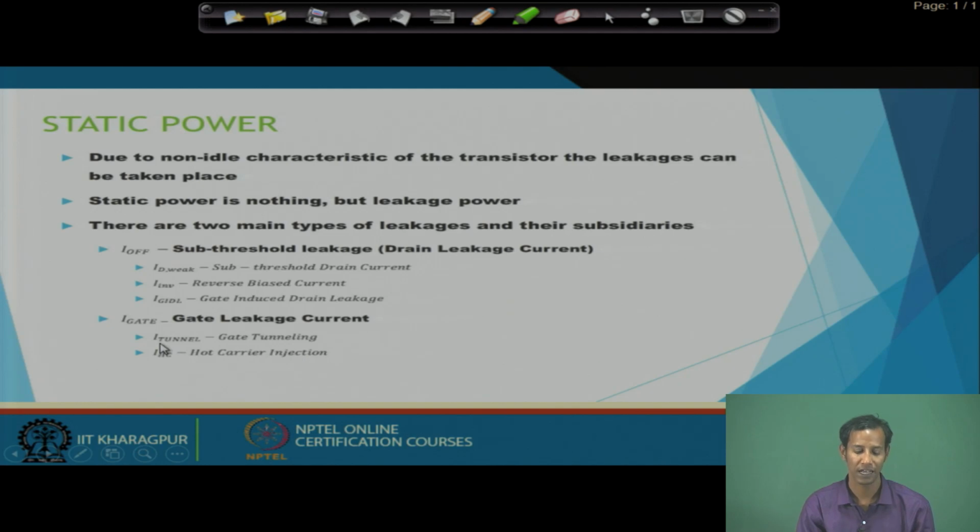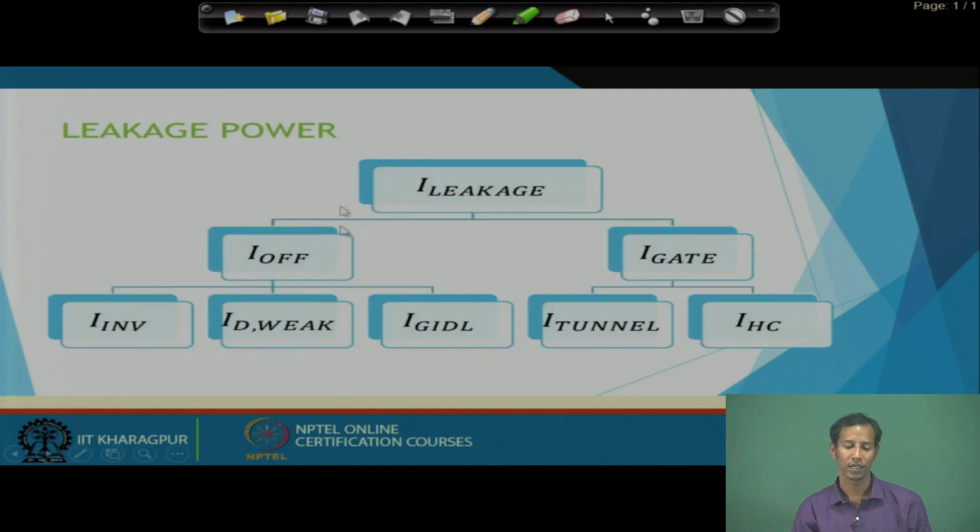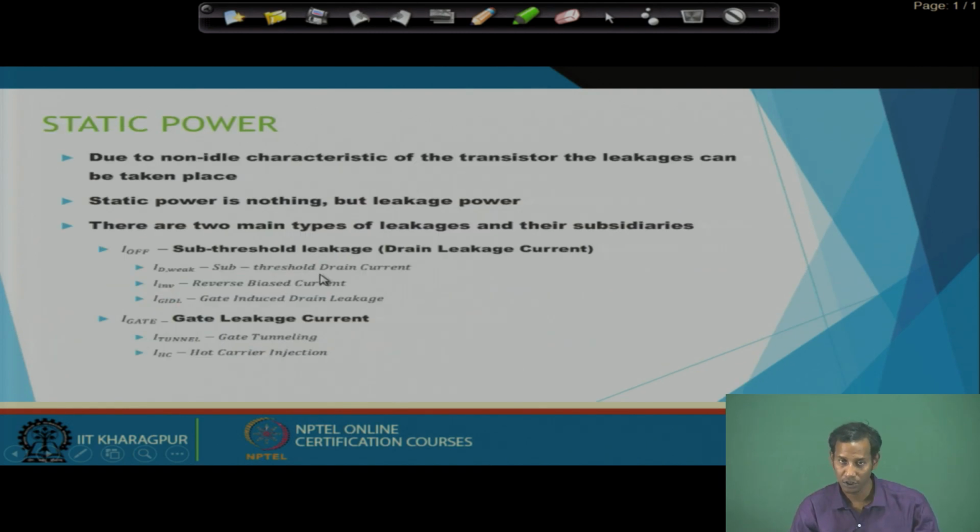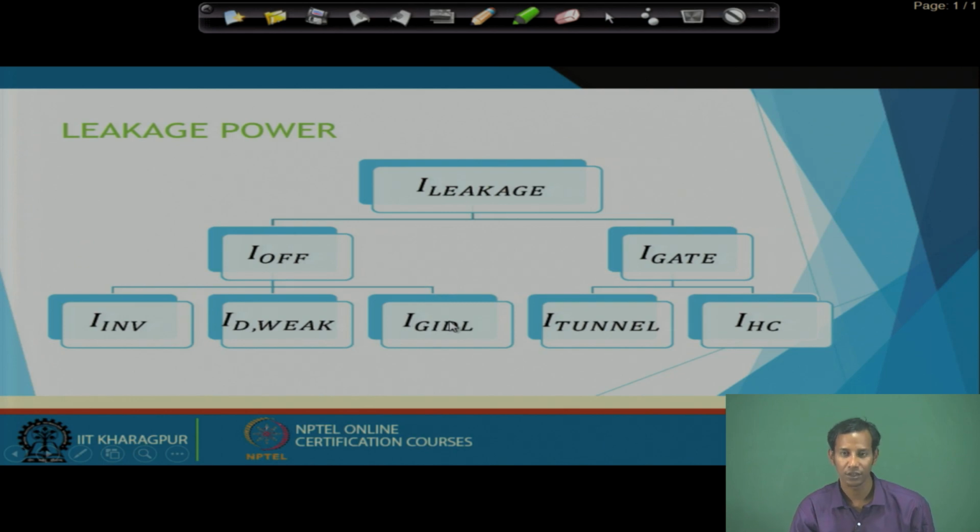The gate leakage happens because of I tunnel, which is the gate tunneling, and IHC, which is hot carrier injection. All these are because of the properties of the CMOS device we have chosen for VLSI circuit design. If I make the chart, I leakage is I off plus I gate. I off is the summation of the contributions from I inverse reverse bias current, I d weak, the subthreshold drain current, and IGIDL, the gate induced drain leakage current.